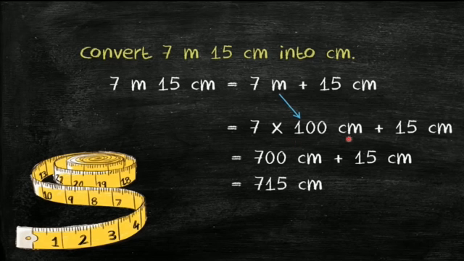As we know the formula, 1 meter is equal to 100 centimeter. So here we multiplied 7 by 100, plus 15 centimeter. Now 7 multiplied by 100 becomes 700 centimeter plus 15 centimeter. If we add 700 centimeter plus 15 centimeter, it becomes 715 centimeter. That means the answer we got is 715 centimeter.